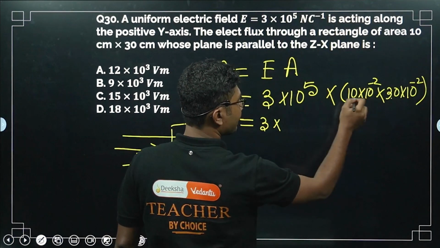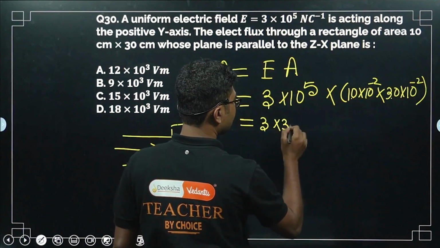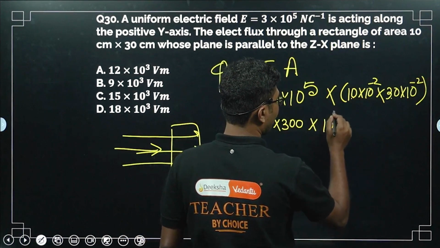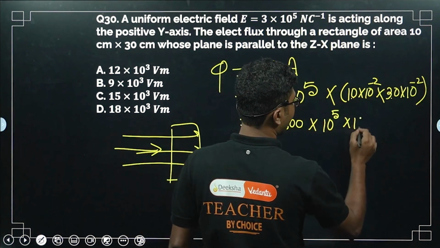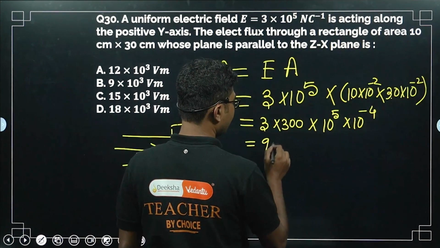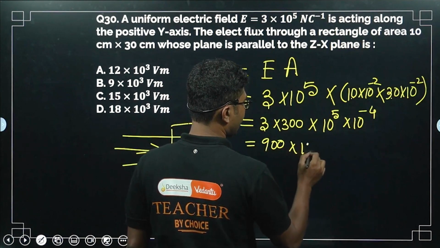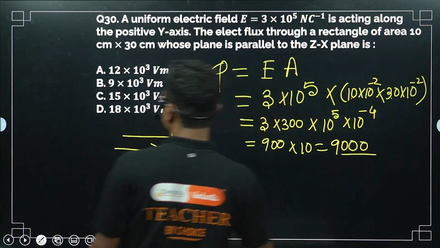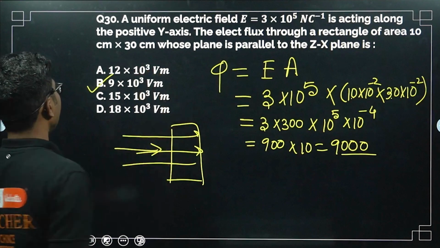So 10 times 30 means 300, right? Times 10 to the power of 5 times 10 to the power of minus 4. Okay, so this becomes 900 times 10, that is 9000. That is 9 times 10 to the power of 3 volt per meter.